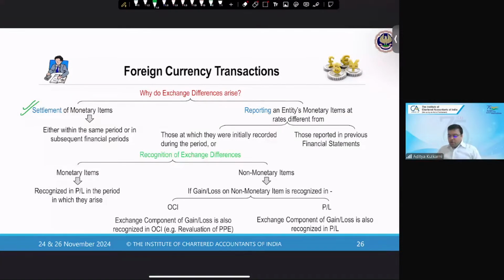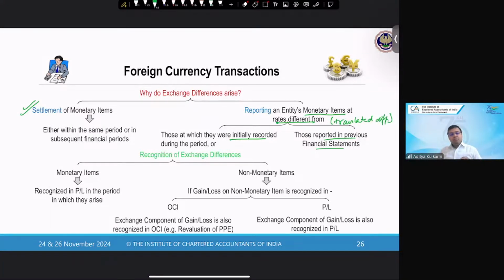Or it could be reporting an entity's monetary items at rates different from what they were initially recorded versus what is reported in the previous financial statements. So this is a case where monetary items are translated. So these are translation differences.